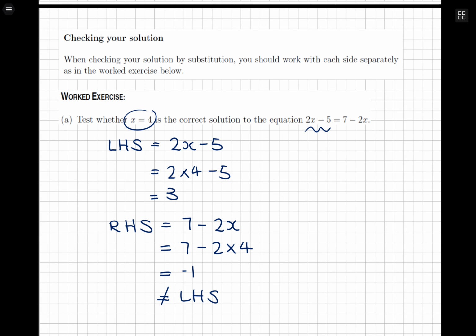So if the right-hand side does not equal the left-hand side, then we've got a problem. It's not a solution. So we conclude, therefore, x equals 4 is not a solution.